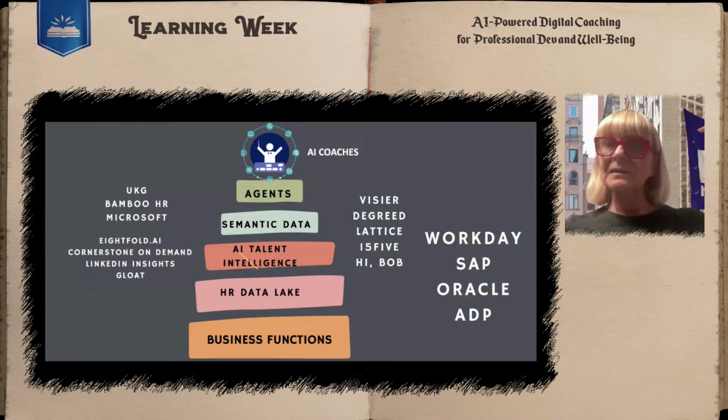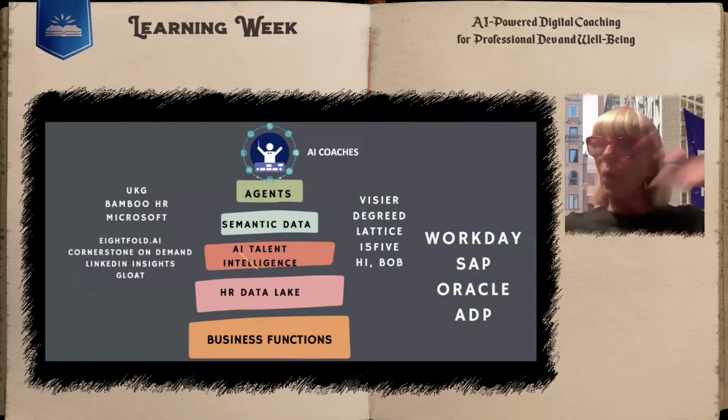So this talent intelligence layer can organize all of the openings in the organization. It can break down jobs into skills. I know you're going to have a session on skills-based organization. So this is what's now called talent intelligence. We make sense of all the data that's collected across the organization.